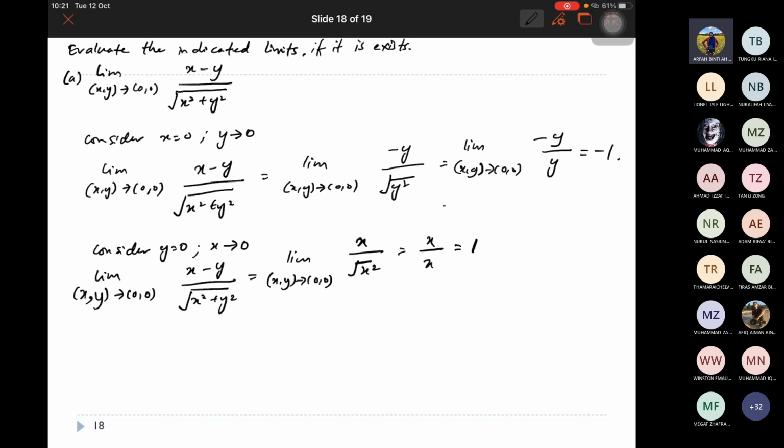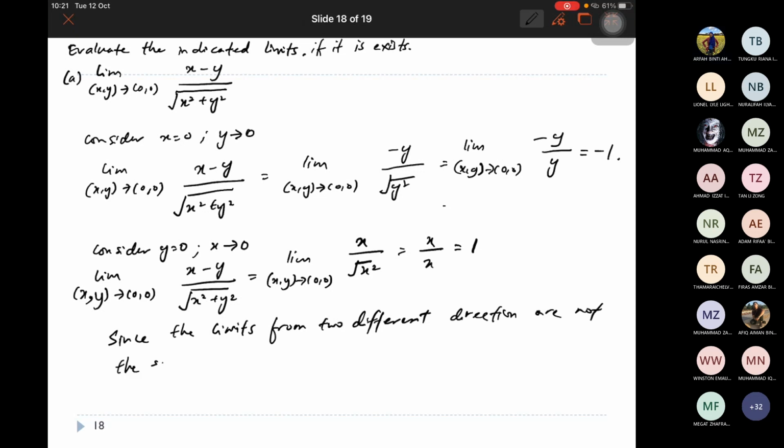Okay, for this case. So, since the limits from two different directions, okay, are not the same.